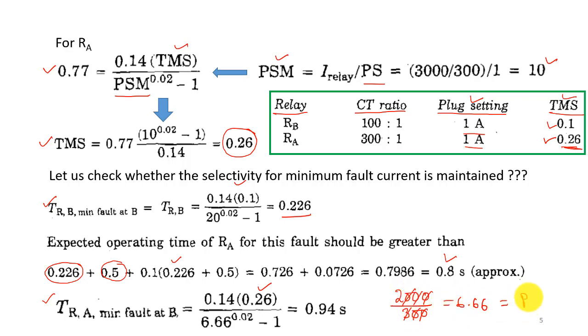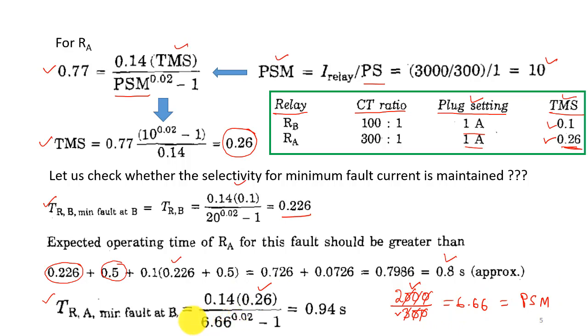This is your PSM. That is the minimum fault current of 2000 ampere divided by the CT ratio, 300:1, so we get the PSM as 6.66.